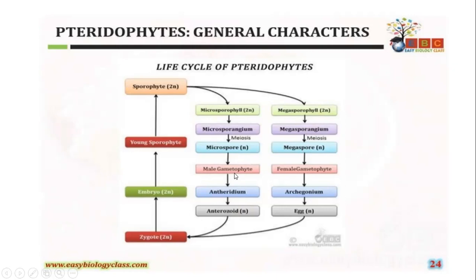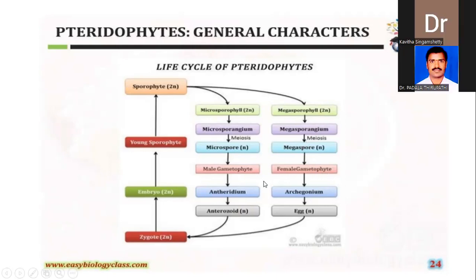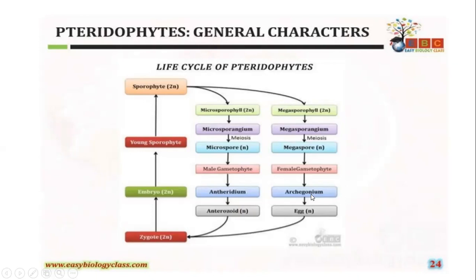The microspore will form the male gametophyte, or male prothallus, and the megaspore will develop the female gametophyte. The male gametophyte possesses the male sexual organ, the antheridium, and the female gametophyte accommodates the female sexual organ, the archegonium. The antheridium develops the male gametes, the antherozoids, and the archegonium develops the female gamete, the egg.